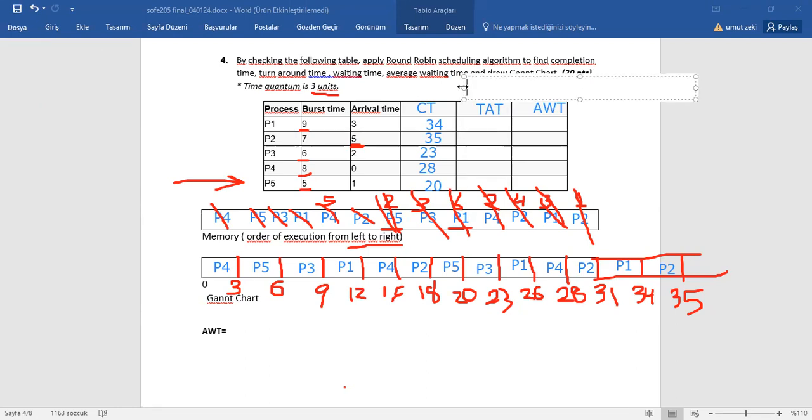So it is 31 here, 30, 23 minus 2, 21, 28 minus 0 is 28 again, and 20 minus 1 is 19. Okay, and sorry, this should be waiting time, not average waiting time.